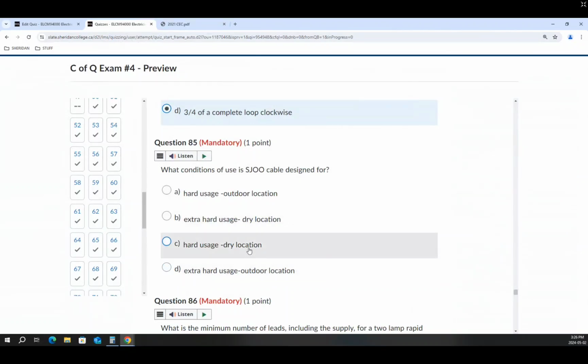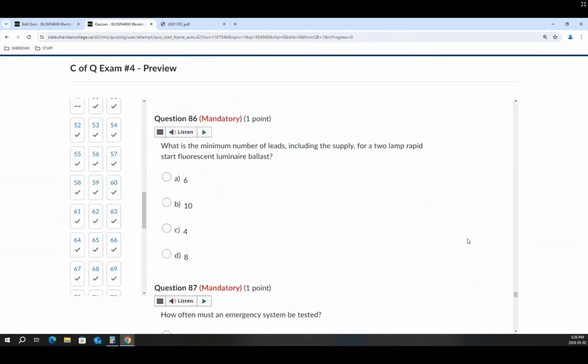I would say hard usage. I will say outdoor because that's wet. I'm going to say dry.